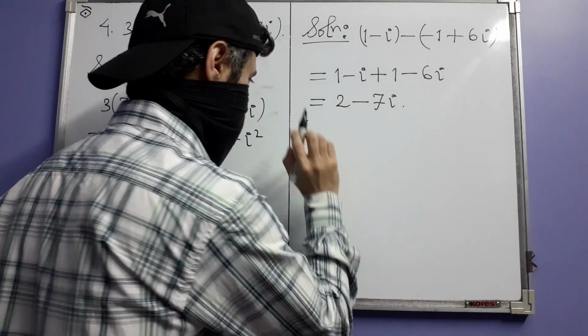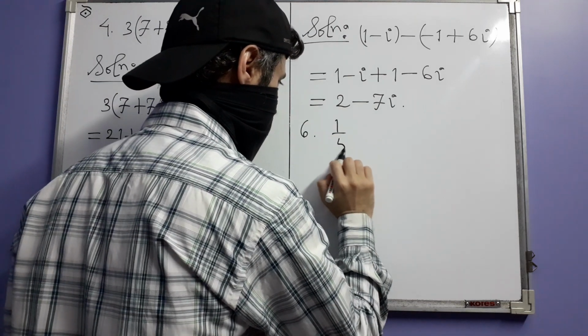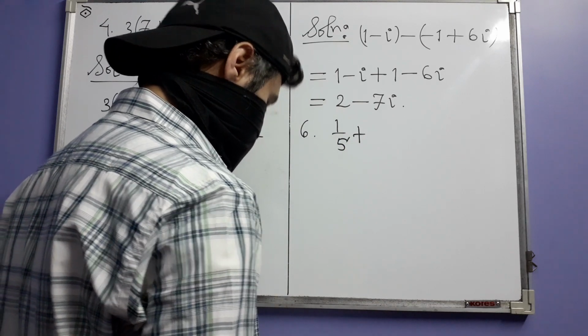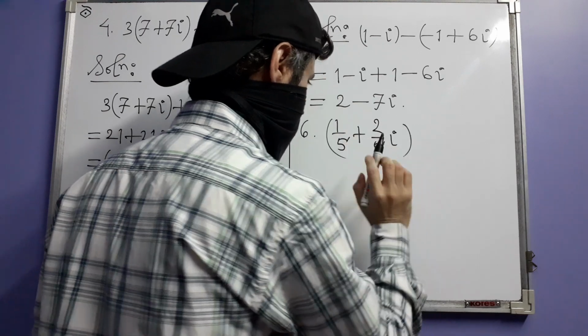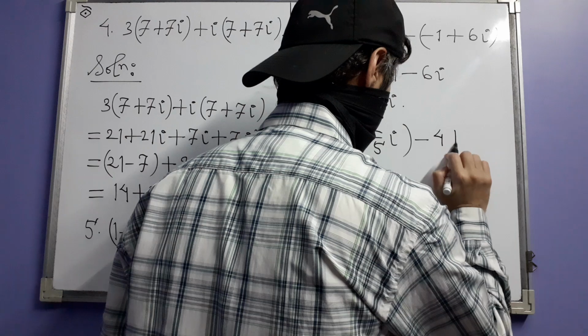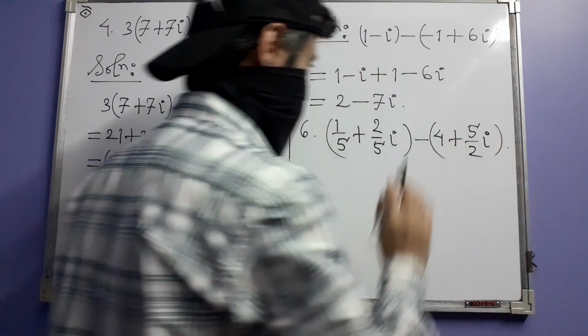Next, 6. 1 over 5 plus 2 over 5i. So that is one number minus 4 plus 5 over 2i.